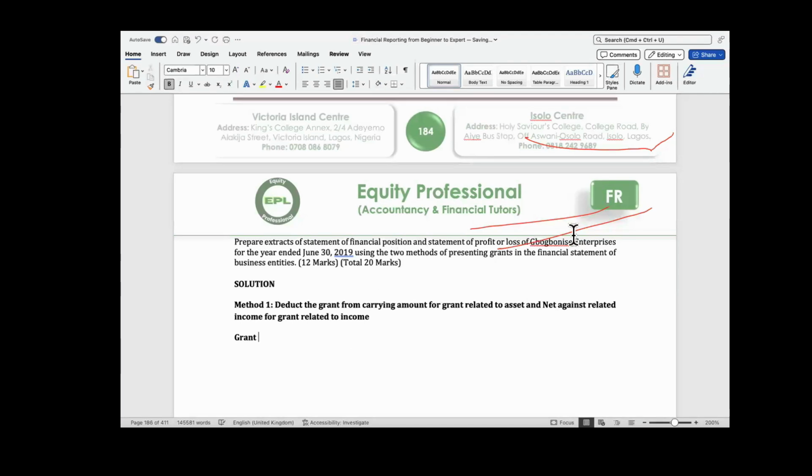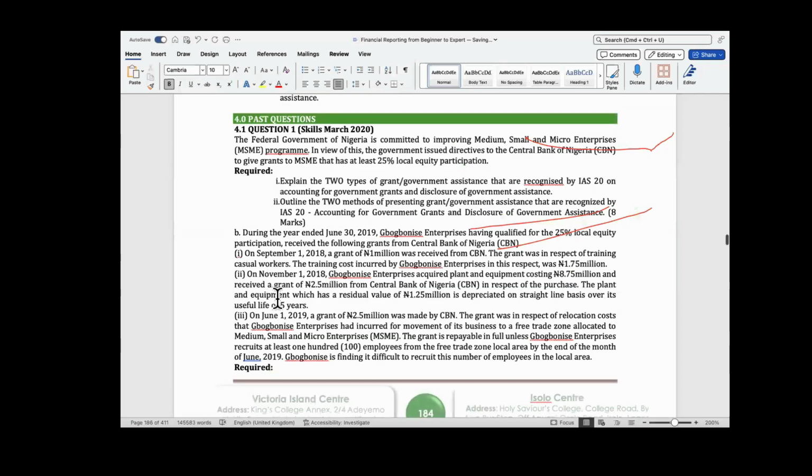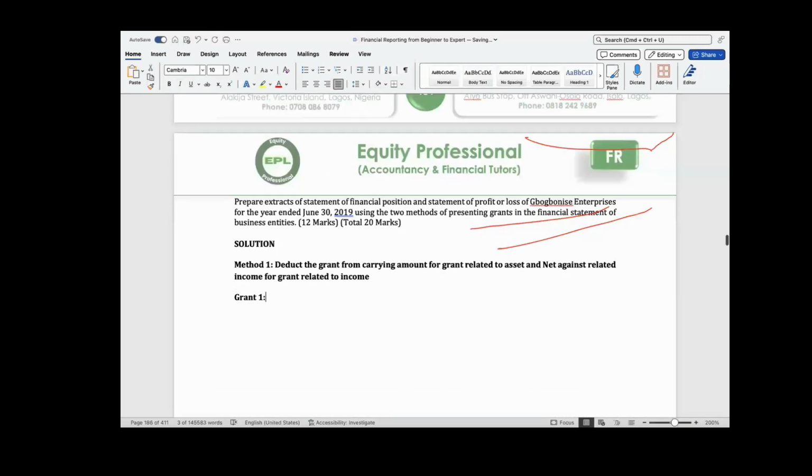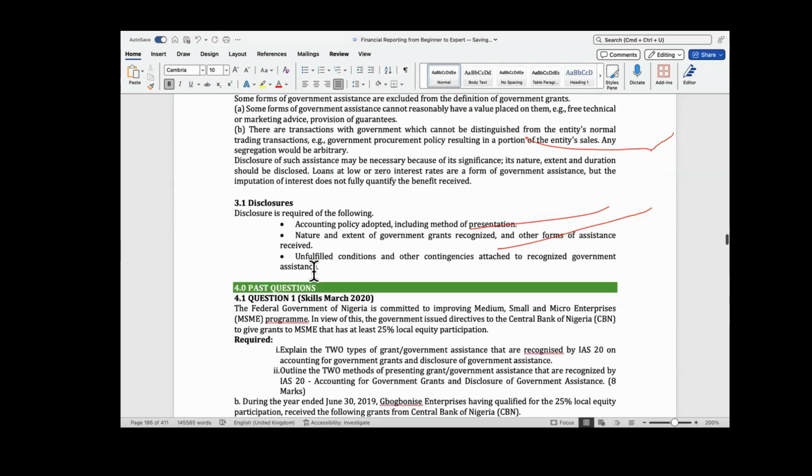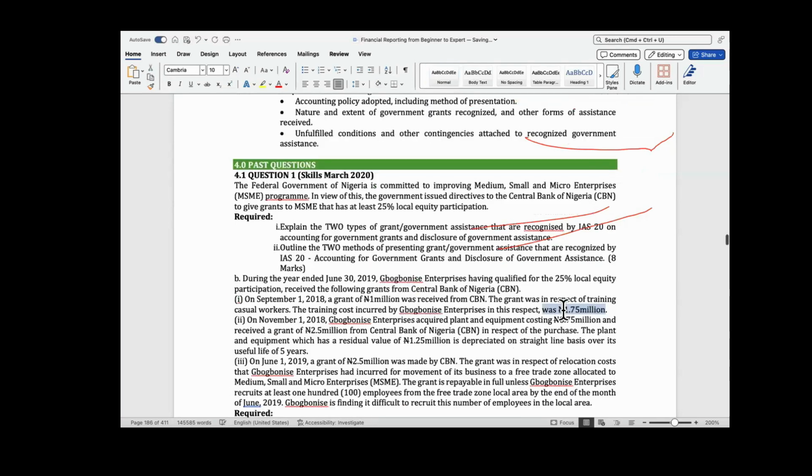How much was that one now? 1 million. Okay, so there's a training expense. How much is the training expense? 1,750,000. No, grant one is 1 million. They gave him 1 million.